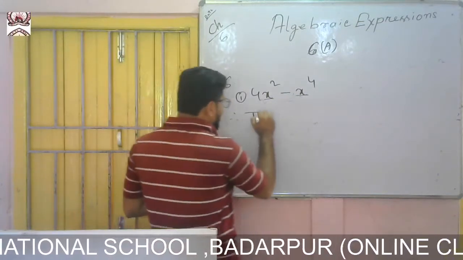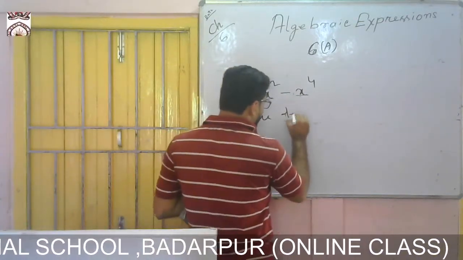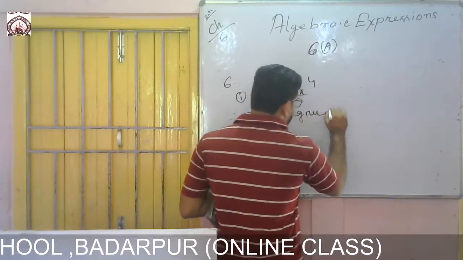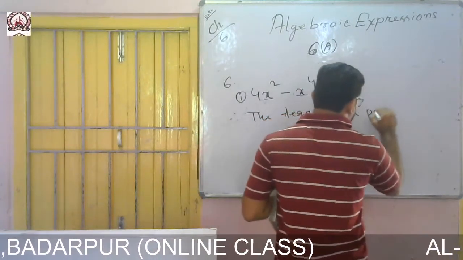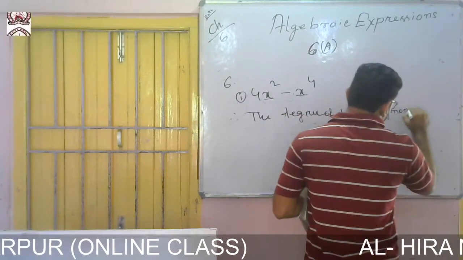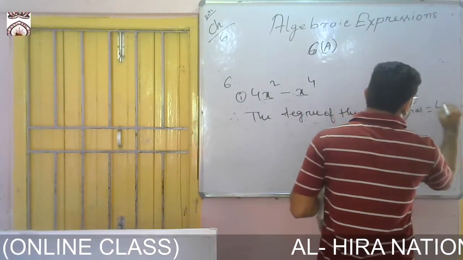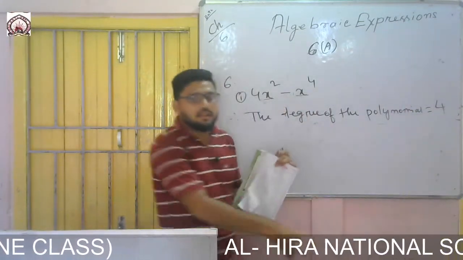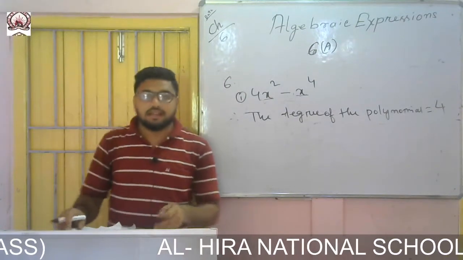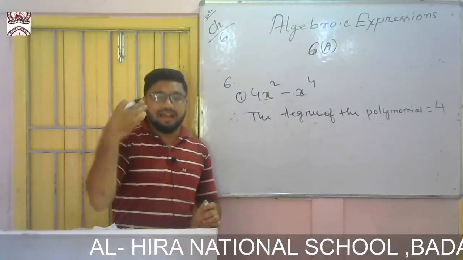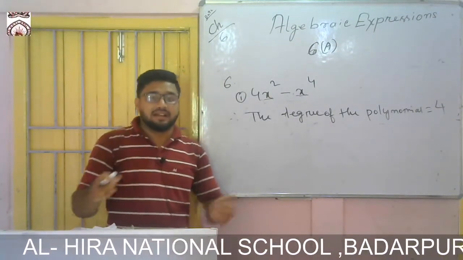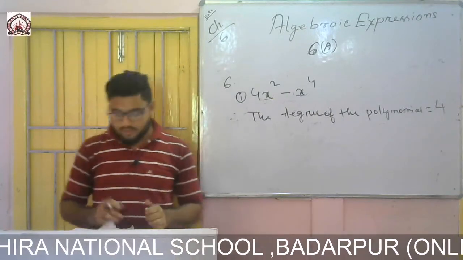Therefore, the degree of the polynomial equals 4. The variable which has the highest power, that is the degree of the polynomial. Understood?